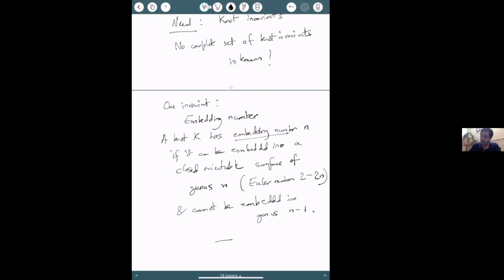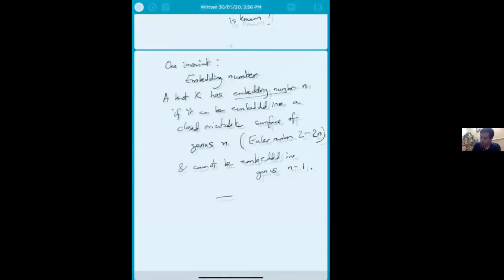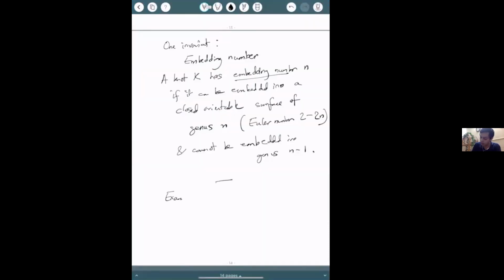Let me show you a picture. For example, an unknot has embedding number, let me call it E number, 0, because you can embed it.